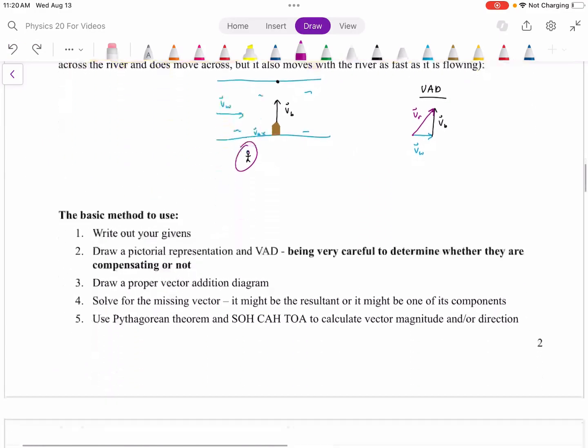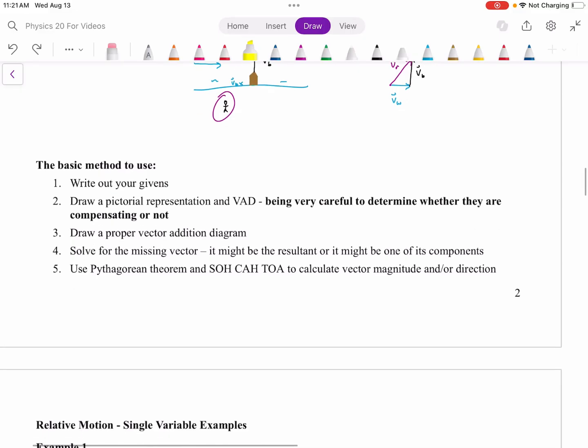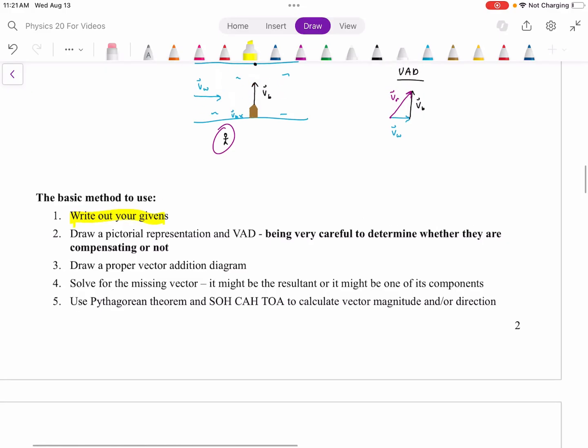Okay, so the basic method here is a lot of the same stuff you're used to. I mean, that's the general problem-solving process. Things like writing out your givens. I know I mention it a lot, but it is so important here. You'd be amazed at how much of solving these problems just comes down to drawing your VAD. If you draw your vector addition diagram carefully, thinking carefully about whether it's a compensation or an off-course problem, you are seriously more than halfway there.